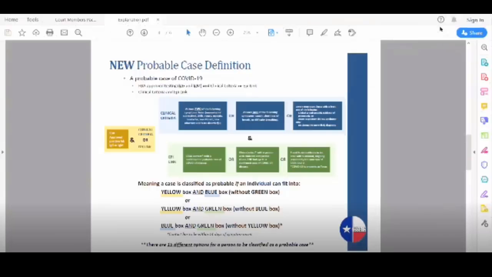So I don't think it can be overstated how much this could be taken out of context and could be giving a false narrative to our citizens and to our community. I'm not saying that we're going to see the numbers jump, but I'm very concerned that we absolutely could see the numbers jump very rapidly in a way that is not indicative of what we're seeing here in the community and in the public health department.